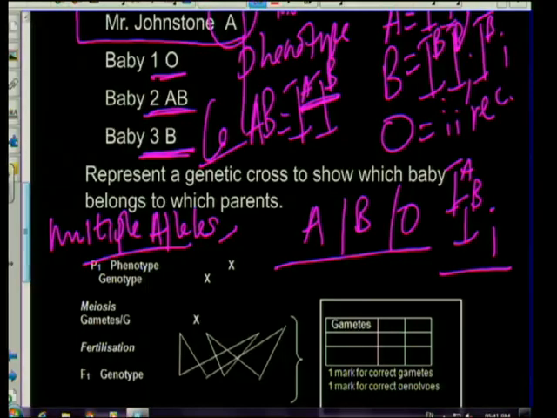Why? Because A and B are dominant over O. And when A and B come together, IA IB, we say that the person has AB. So they are both showing. This is an example of codominance. So in this one example, we see complete dominance with A and B over O, and we see codominance with A and B together because they are equally dominant. Okay? But now, let's go back to our problem.